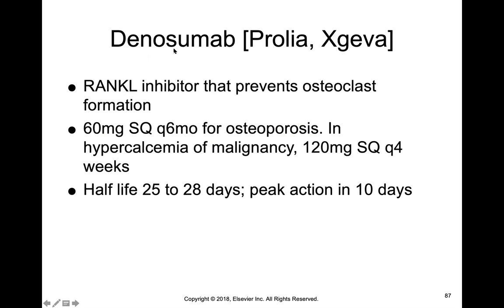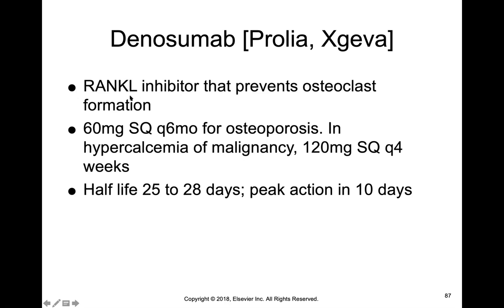Denosumab is one of the newer agents. Came after bisphosphonates. For osteoporosis, it's Prolia. If you're an acute hospitalized patient who's suffering from hypercalcemia, they do have a higher dose version called Xgeva.